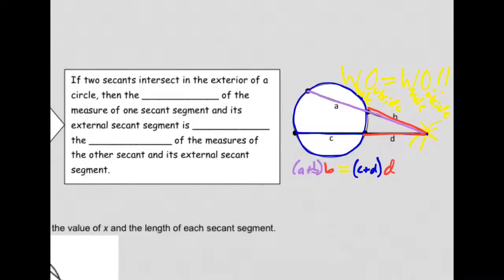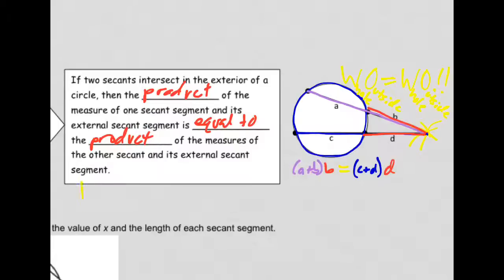Now, a more school-appropriate way to say this is, if two secants intersect in the exterior of a circle, then the product of the measure of one secant segment and its external secant segment is equal to the product of the measures of the other secant and its external secant segment.